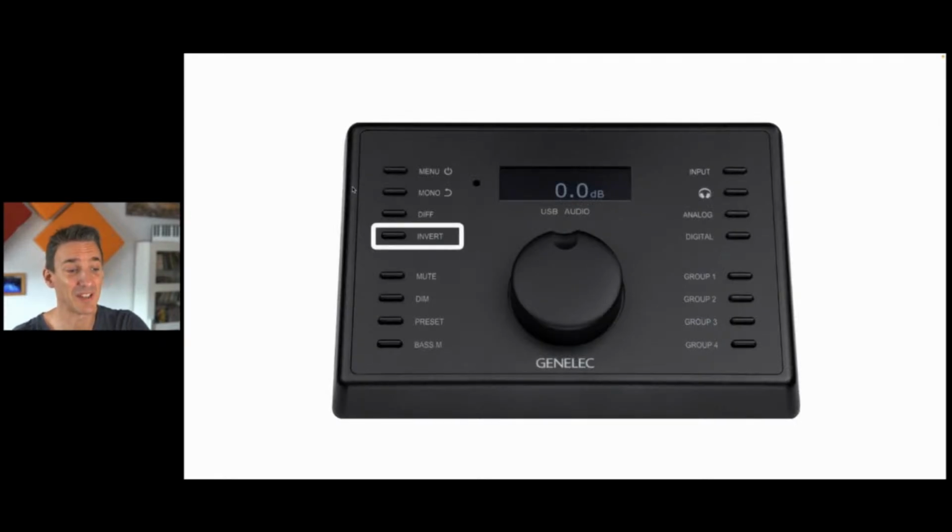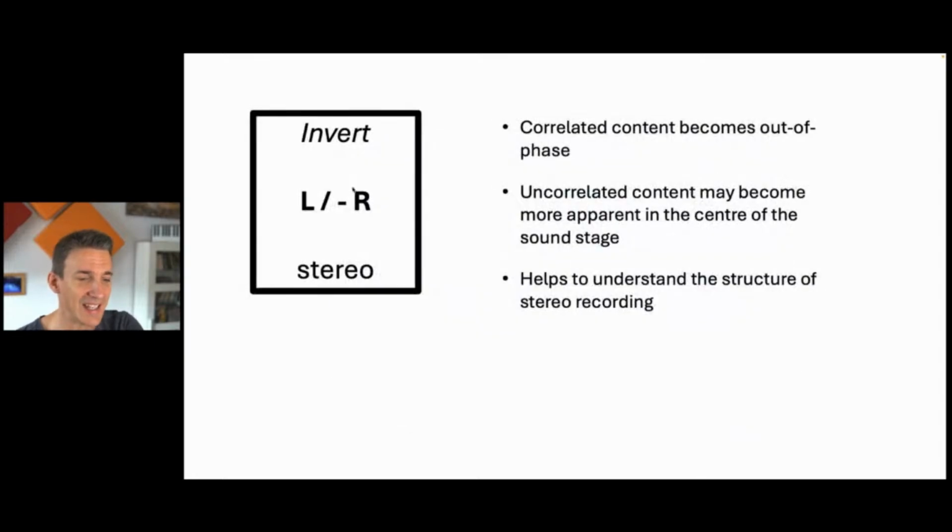And then finally we have invert, and invert is a stereo signal now and gives you the left channel on the left side, and then on the right side, still the right channel, but inverted, so completely out of phase somehow. And this is relatively strange if you listen to it for the first time, because things that had been somewhere in the middle just go somewhere, and I really mean somewhere.